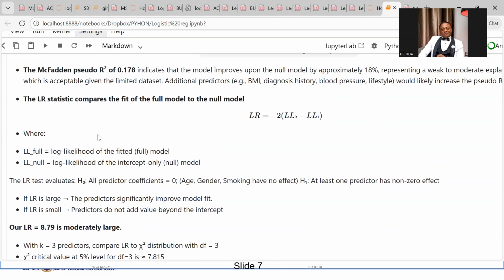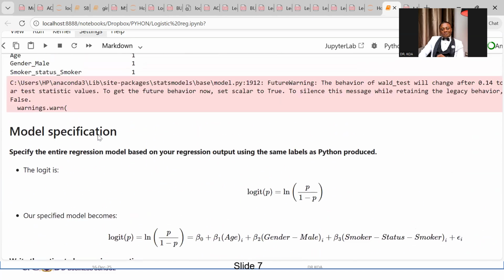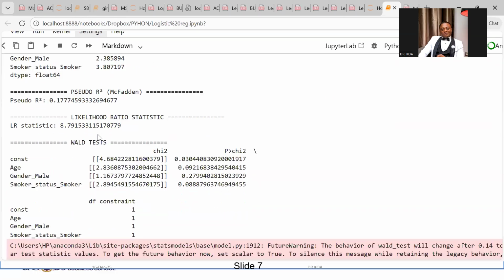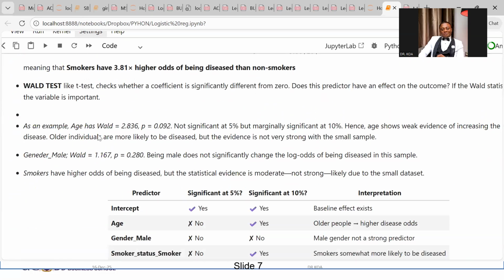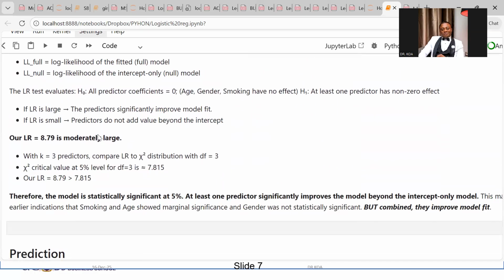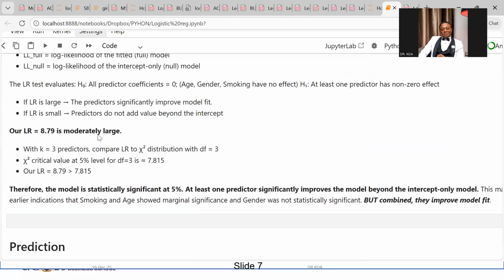Take note of something here. If you go up to the result, you are not given the critical value. So the question is going to give you the critical value to be able to make your case. So in our case, the model is statistically significant at the 5% level.